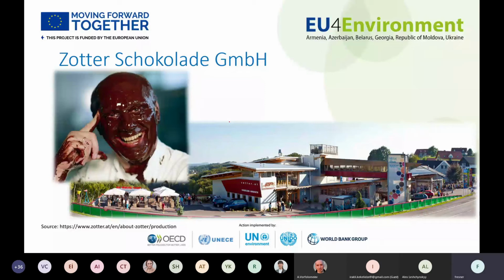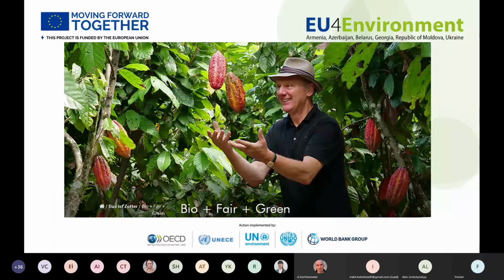I said beans to bars, so the company really starts from cocoa. Mr. Zotter visits all his suppliers. He knows most of them, I guess. Personally, he interacts with them. He communicates with them about, in German, bio, which is organic agriculture. This is very important for him.